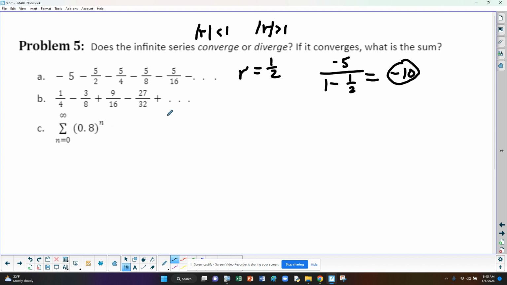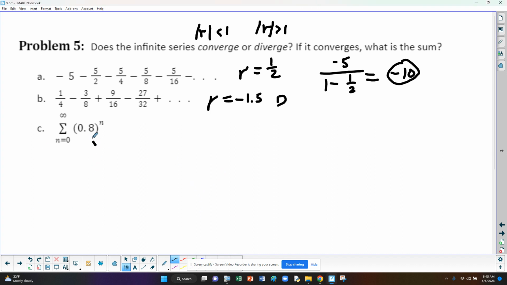Heading to B, again, we've got one that's kind of hard to tell. So we'll take the next term and divide it by the previous term. We'll take 3/8 and divide that by 1/4, and we get an r value of -1.5. But since 1.5 is greater than 1, that means that one is going to diverge.